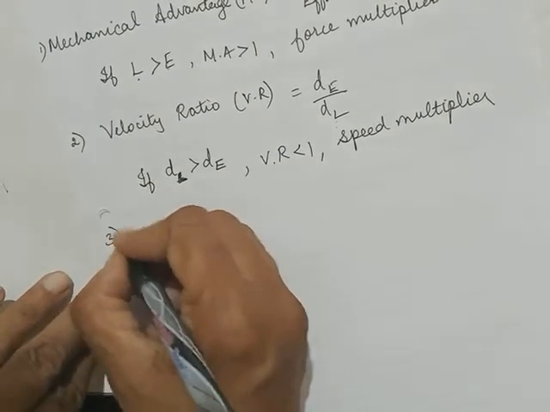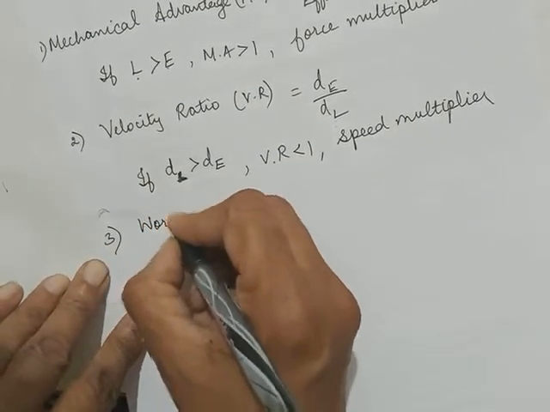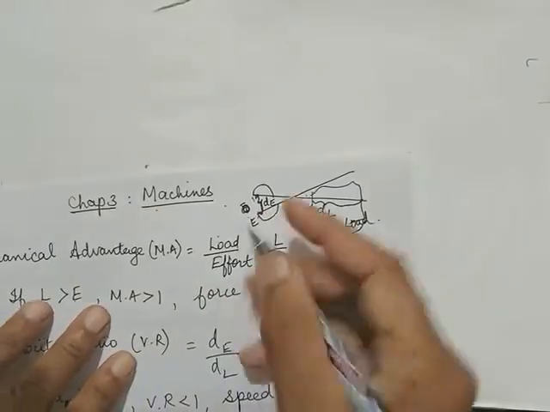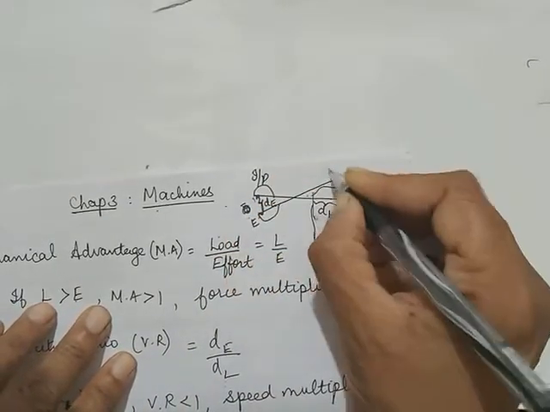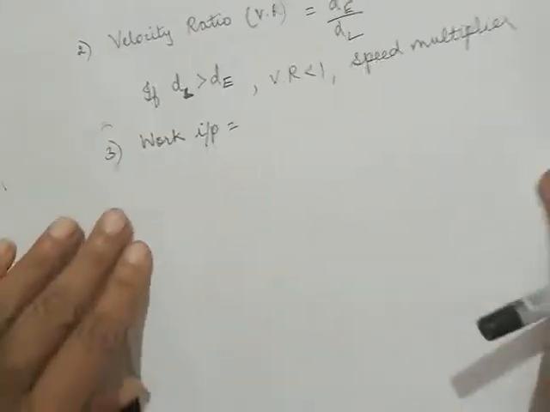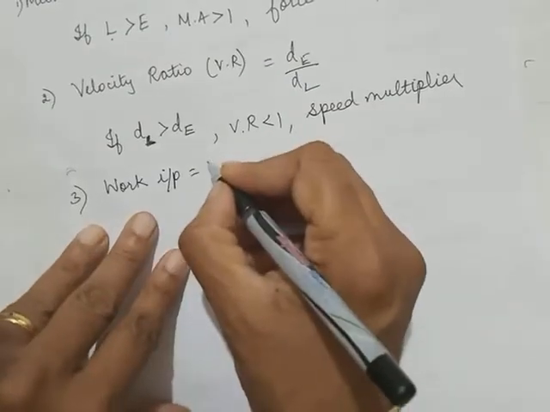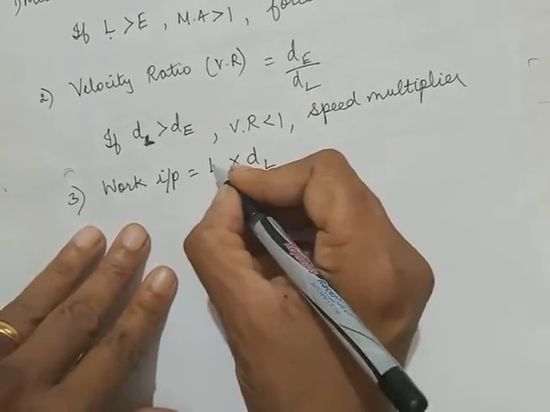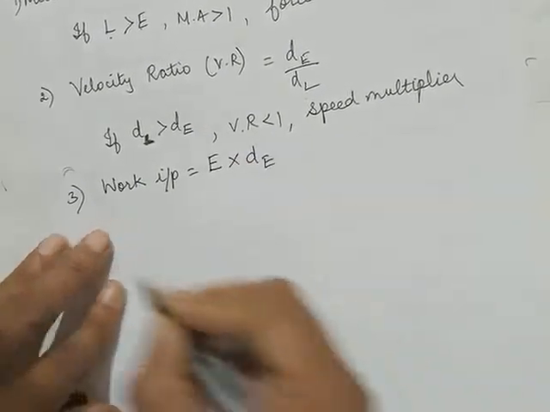Now the third one, work input. In this, this is input and this is output. So work input is force into displacement, that is effort into distance traveled by effort.